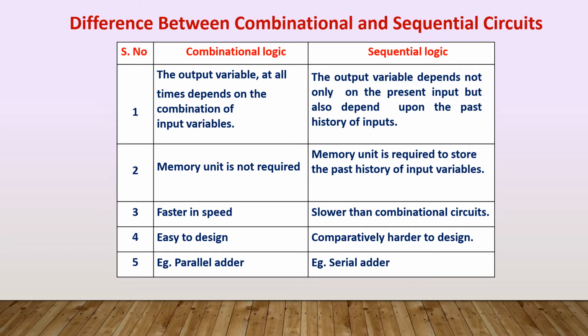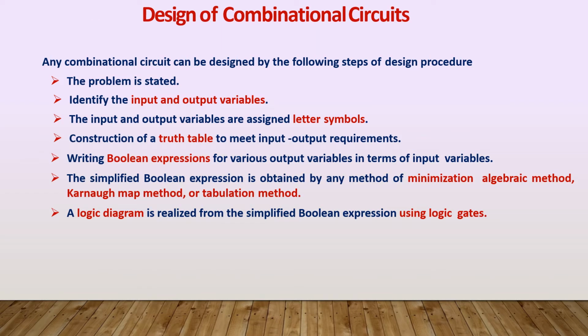The third difference is that a combinational logic circuit is faster in speed, but a sequential circuit is slower compared to the combinational circuit. A combinational circuit is easy to design, but a sequential circuit is somewhat harder to design. The best example for a combinational logic circuit is the parallel adder, and the best example for a sequential logic circuit is the counter. Next, we'll look at the design of combinational circuits.